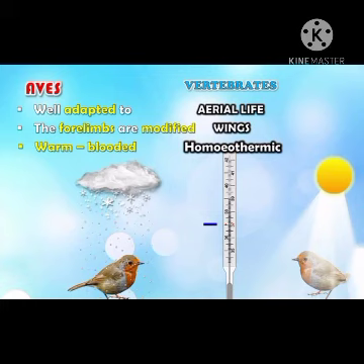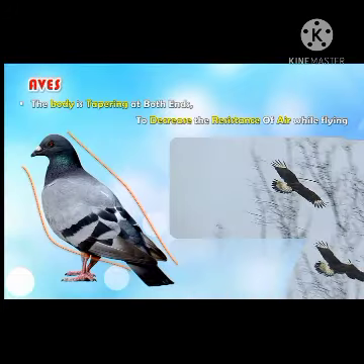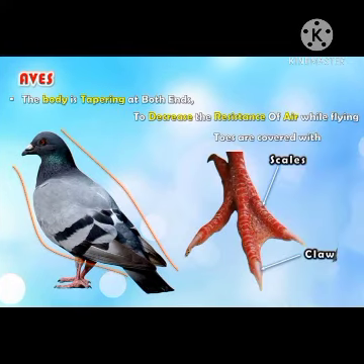Students, always remember poikilotherms means cold-blooded. Homeotherms means warm-blooded. The body is tapering at both ends to decrease the resistance of air while flying. Toes are covered with scales and bear claws.